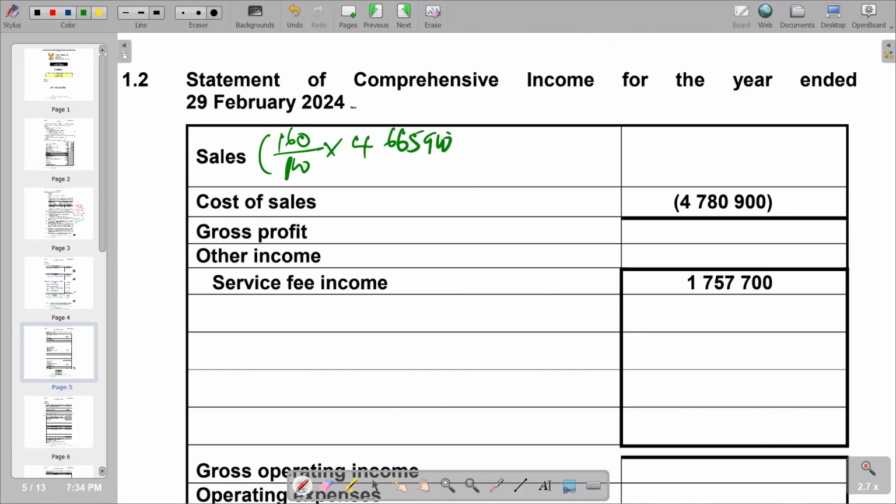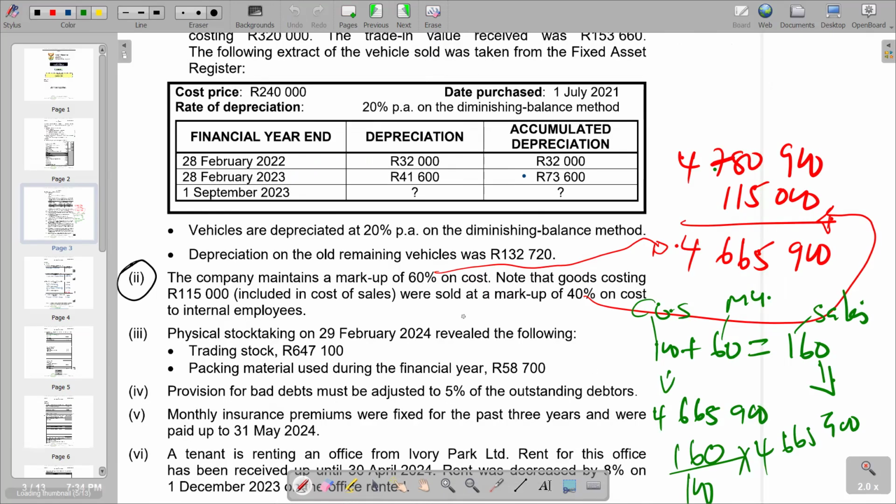And the answer that we get, we add it to the second group of our cost of sales, where we also do the same. This one is now not using 160, but remember the markup of the second group is 40%, which has a cost of sales of 115,000. So basically, we are saying 100% plus 40% equals 140.